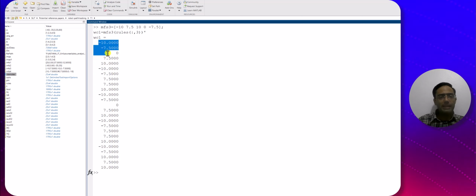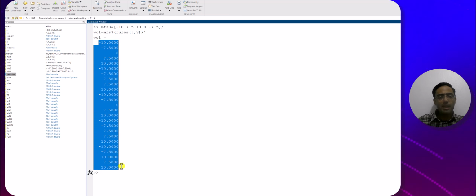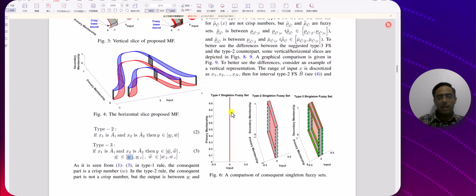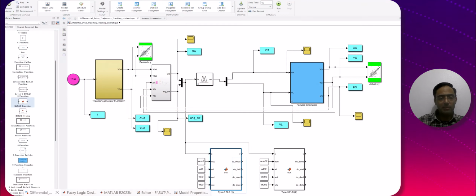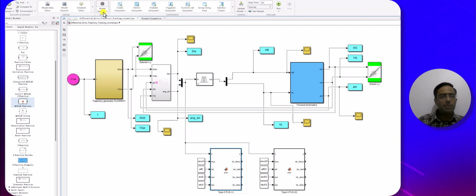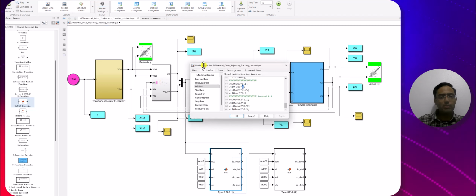So we can consider this center as the center of a singleton membership function, and then we can consider a lower bound and upper bound for that. So this information we're going to put here is the initial conditions.